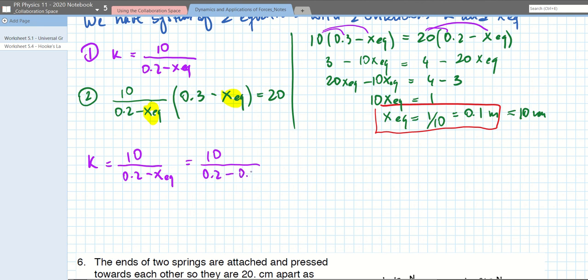Remember it has to be in meters, so even though I solved for centimeters here, we had to use meters in the equation. And we get 10 over 0.1. So that's going to be our spring constant. 10 divided by 0.1 is going to be 100. All right, so that's going to be our question number 5.